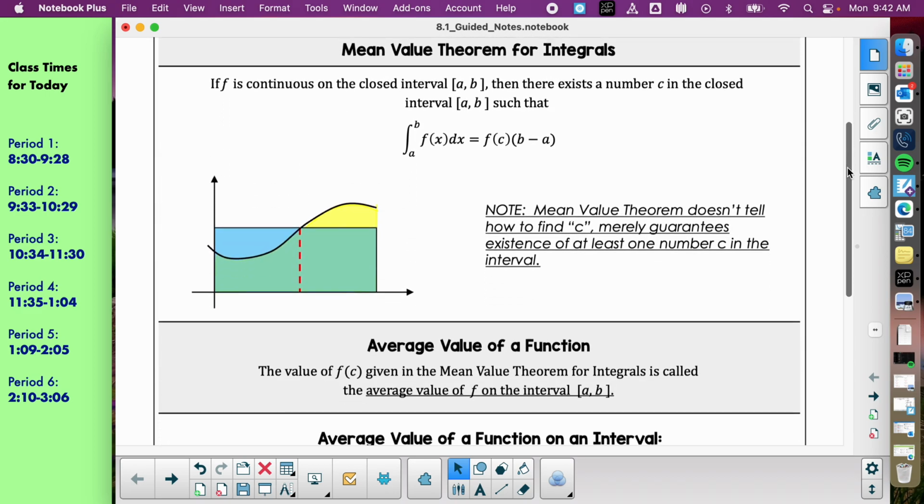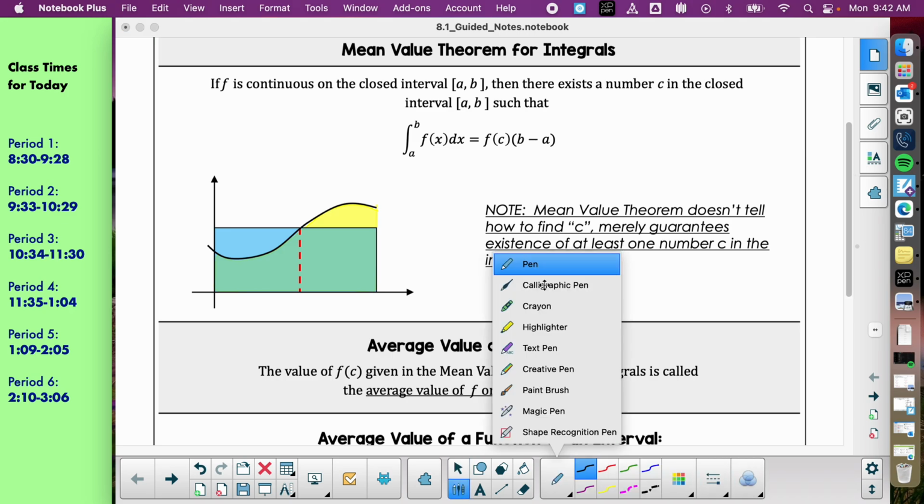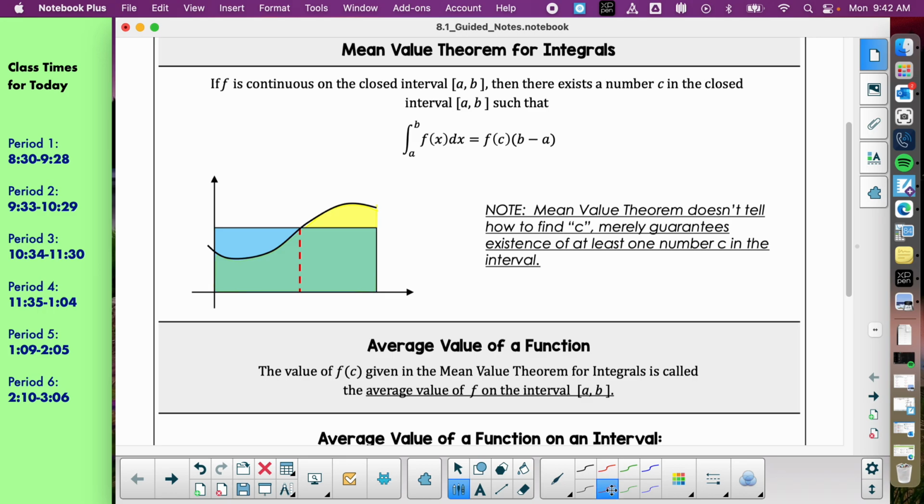The mean value part of this, I'm hoping you've heard mean value enough by now that you just know that means average. That's literally all we're trying to find: the average height of a graph.